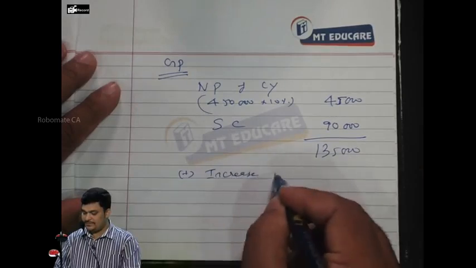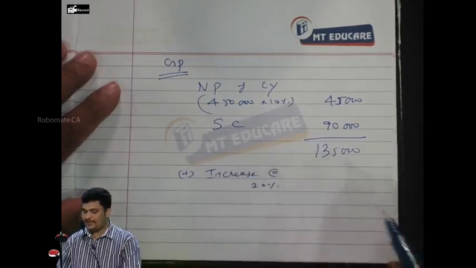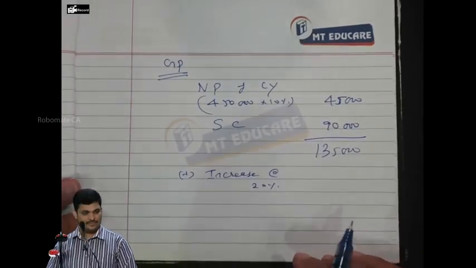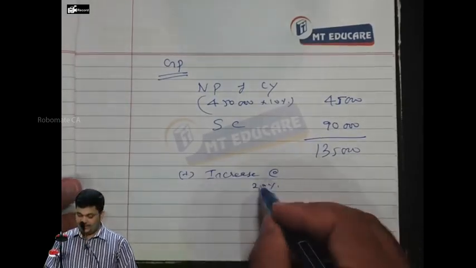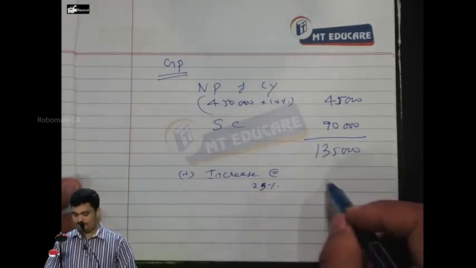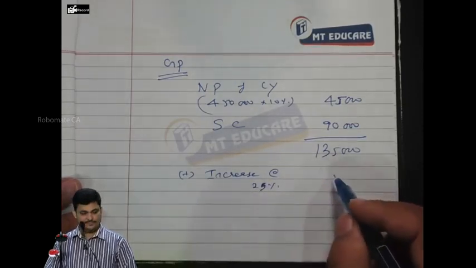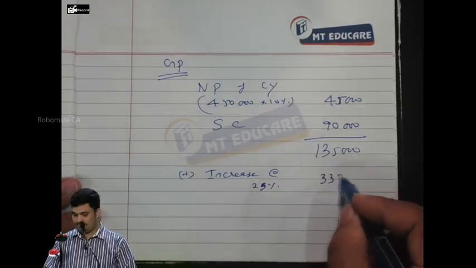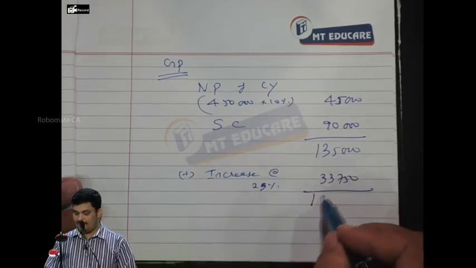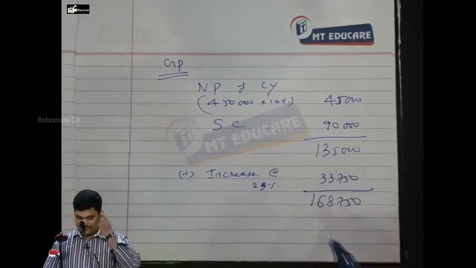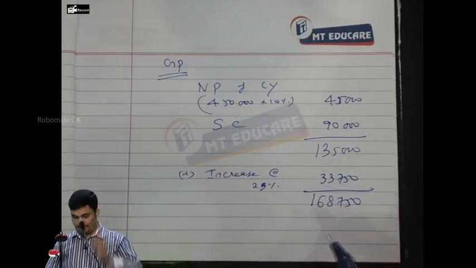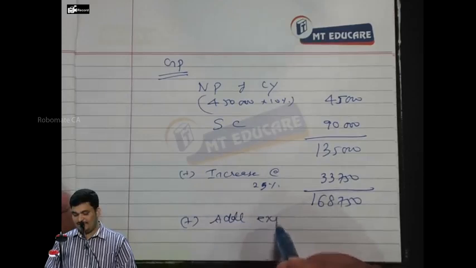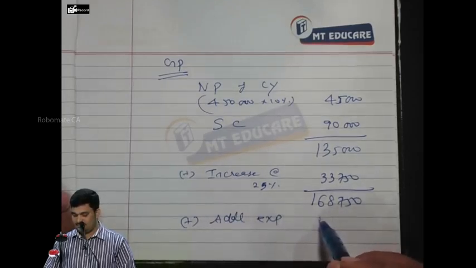Increase at 20%... Yeah, sorry. Please respond. 1,68,750, plus additional expenditure. Amount is given, no computation required.